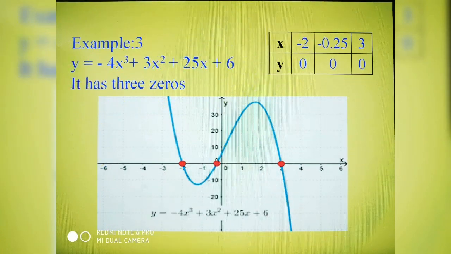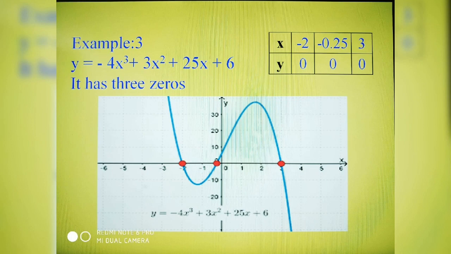In this case, if I take the example y is equal to minus 4x cube plus 3x square plus 25x plus 6, then by locating the points listed in the table on a graph paper and drawing the graph, the graph will look like this.